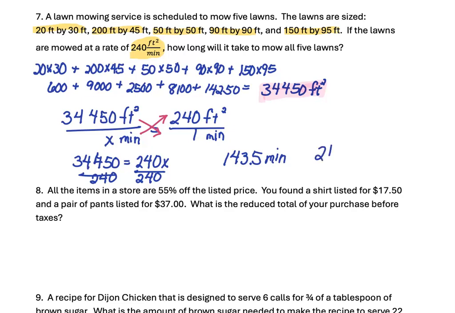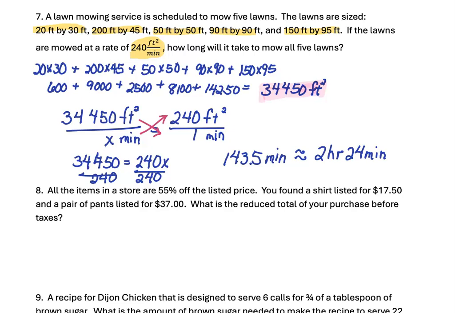So 2 hours, and that leaves us 23.5 minutes left over. So if I round it off to the nearest minute, it would be 24 minutes. So one of these two answers would be what you're presented with, and you'd have to choose between.